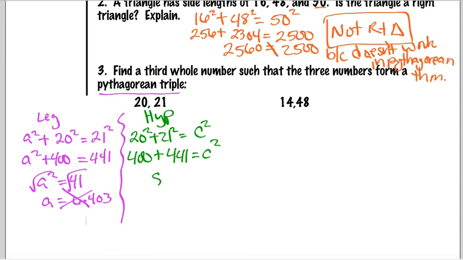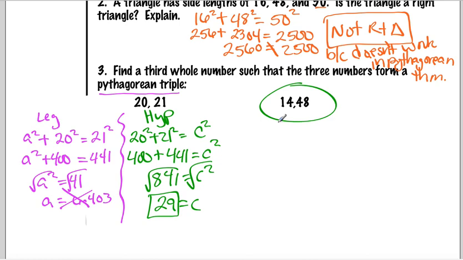When you add these together, you get 841, and when you square root that, you get 29. So you do get a whole number, so 29 is the missing number that you need to make it a Pythagorean triple. We would like for you to try the one on the right side on your own.